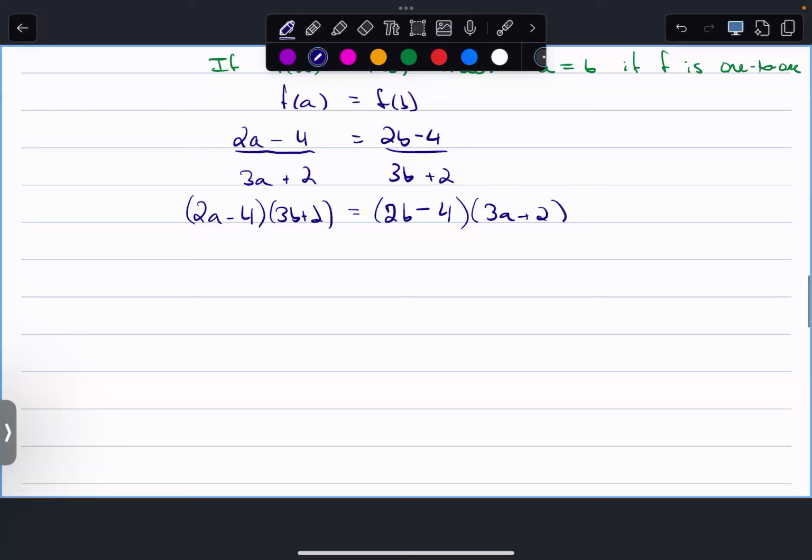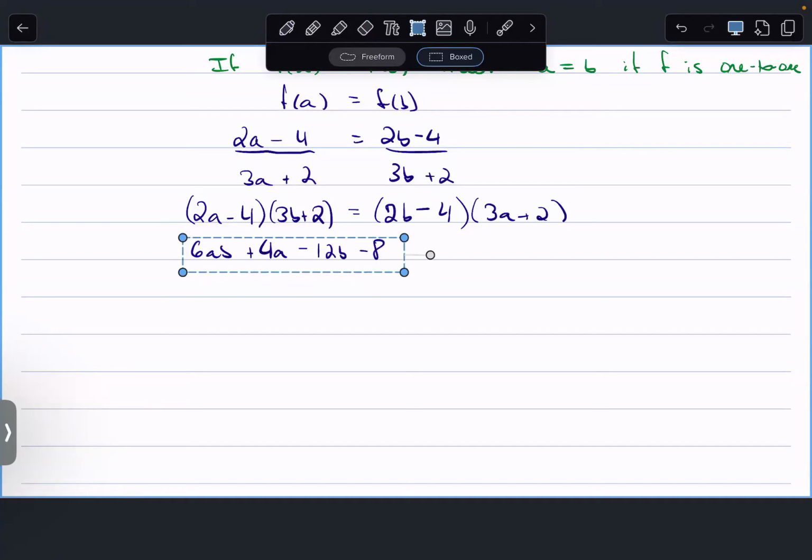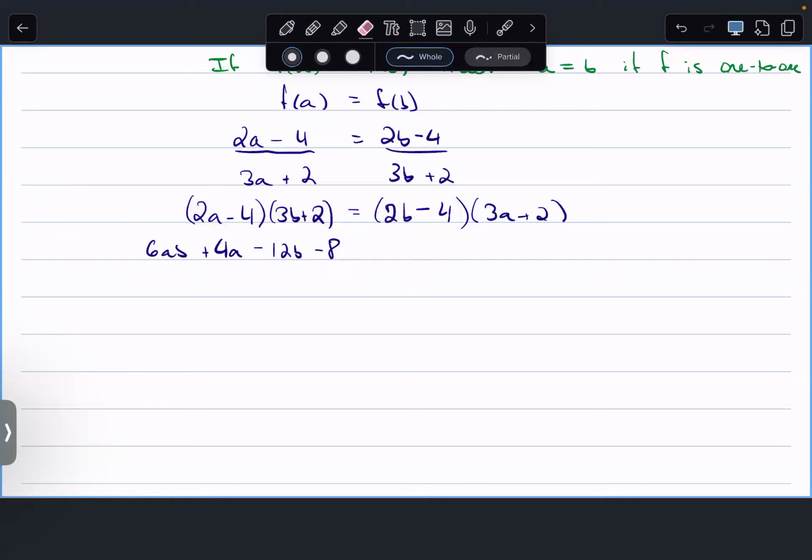2a times 3b is 6ab. 2a times 2, my sloppy writing gets me again here, is plus 4a, minus 12b, minus 8. Unless I did some weird math there.